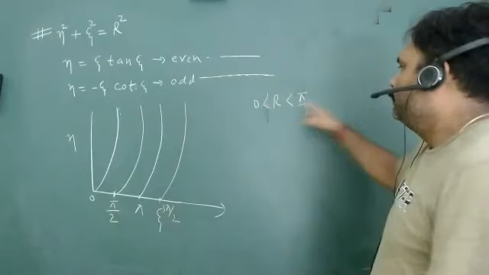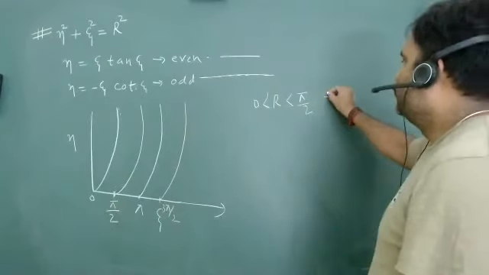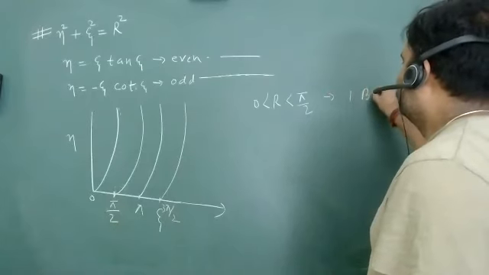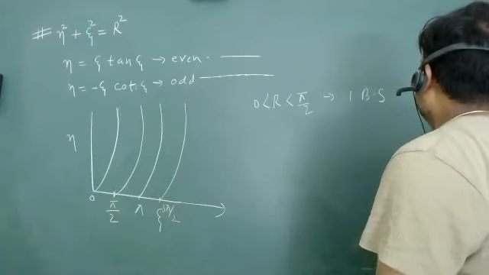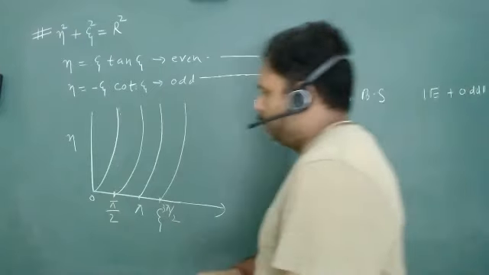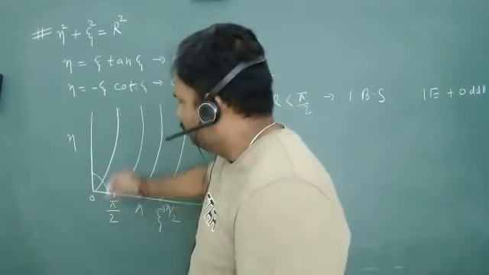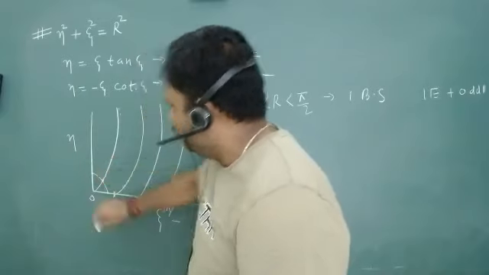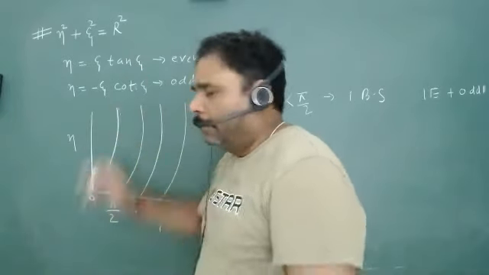Then how many bound states are there? Only one bound state, and that bound state is 1 even plus 0 odd. You can just check it. I am talking about this kind of situation. So you have only one bound state, that is even.